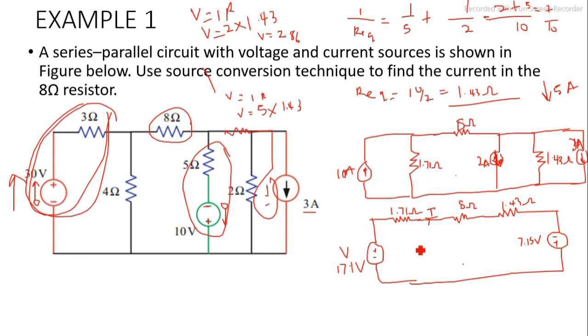So we write KVL for this loop, noting the direction of this EMF and this EMF. Let's start.